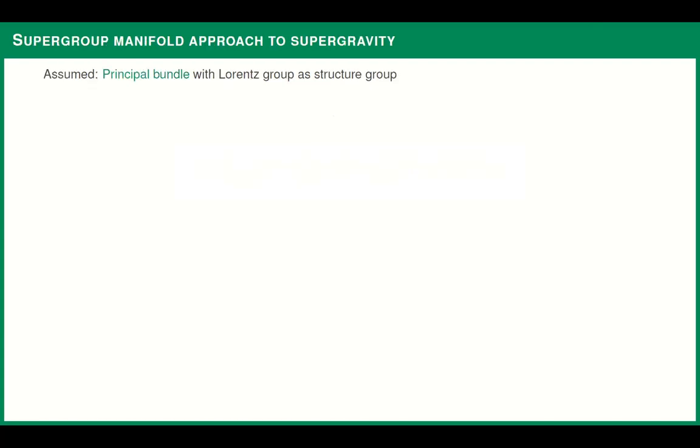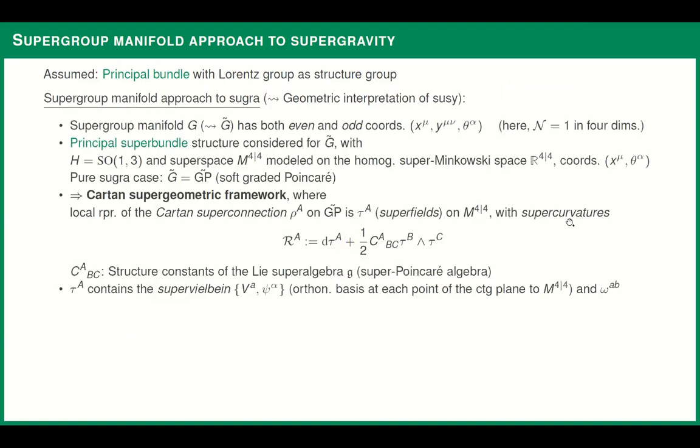Now what we are thinking can be extended to the supergroup manifold case. In the literature, even though sometimes it is not said explicitly, a principal bundle with the Lorentz group as structural group is always assumed from the very beginning. So the construction goes as follows.